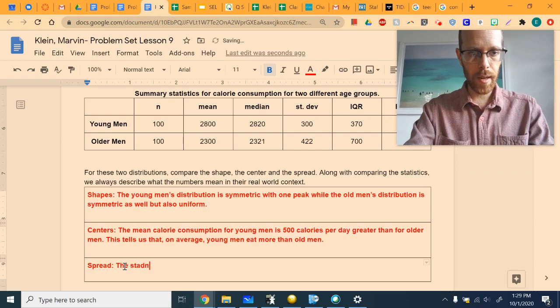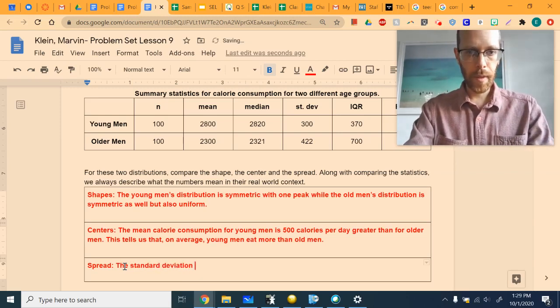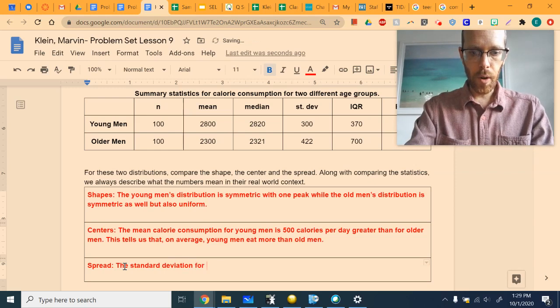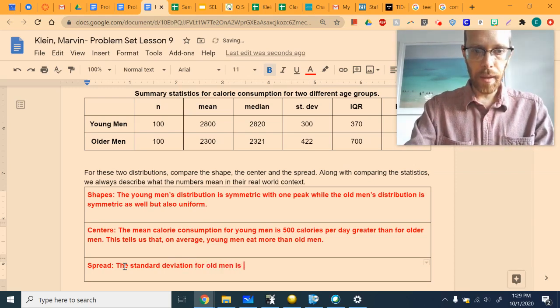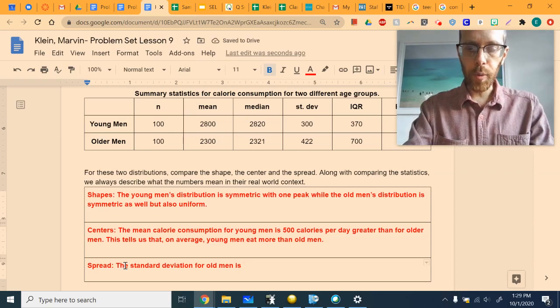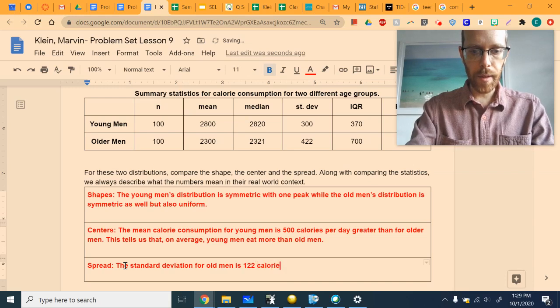The standard deviation for old men is, what is that? 422 minus 300, 122 calories per day greater than for young men.